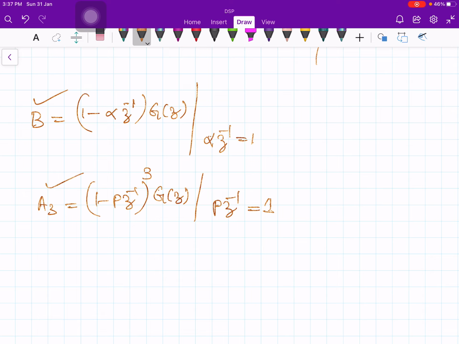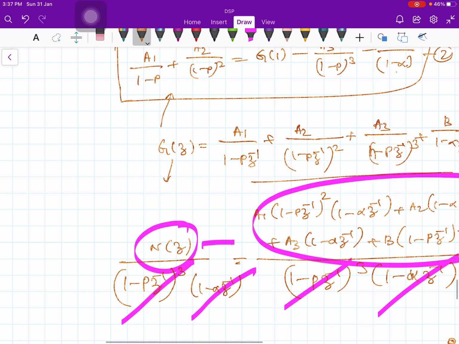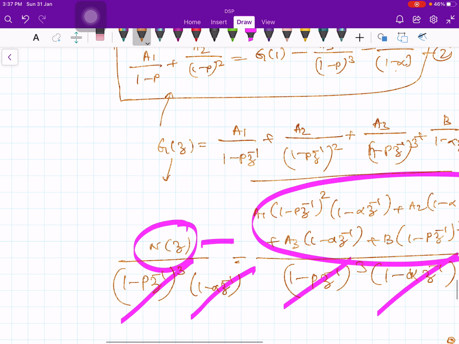Now can I choose z inverse equal to infinity as one of the values? If z inverse is equal to infinity, then all the terms A1, A2, A3 and B become 0 because the infinity is coming in the denominator. If z inverse goes to infinity, then z goes to 0.